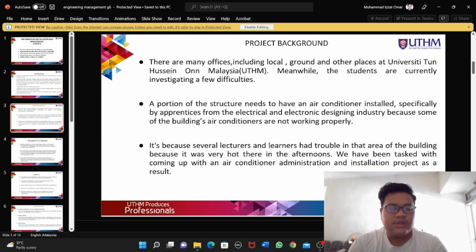It's because several lecturers and learners had trouble in the area of the building because it was very hot there in the afternoons. We have been tasked with coming up with an air conditioner administration and installation project as a result. So that's all for the project background.